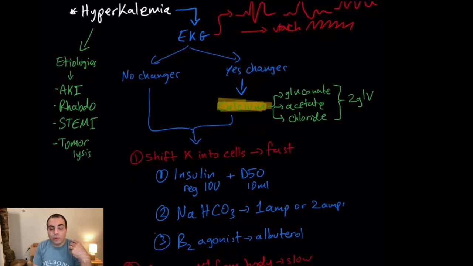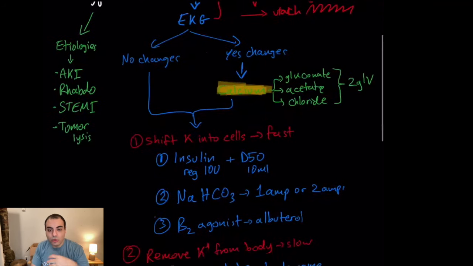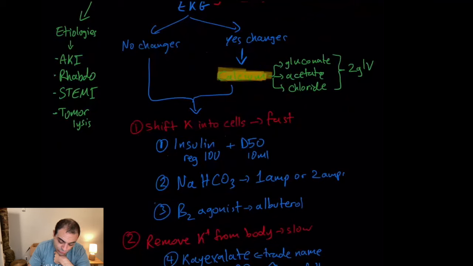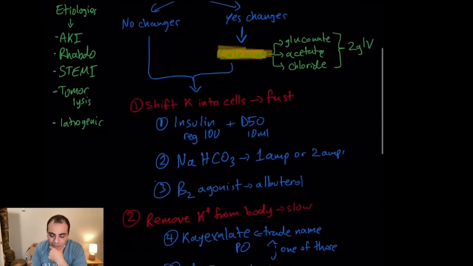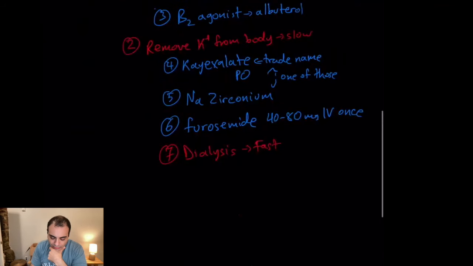Somebody who has lymphoma, who gets chemo, and then they get tumor lysis. And then finally, iatrogenic. So if somebody was given a lot of potassium, and the kidneys are not working well, then they can get hyperkalemic. Okay, but usually, if you know these things, then I think you'll be fine to know kind of what's next.